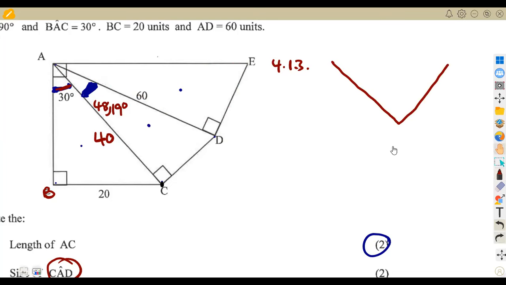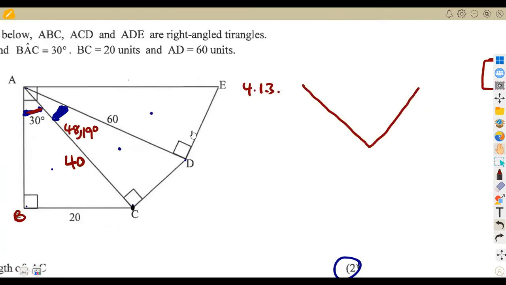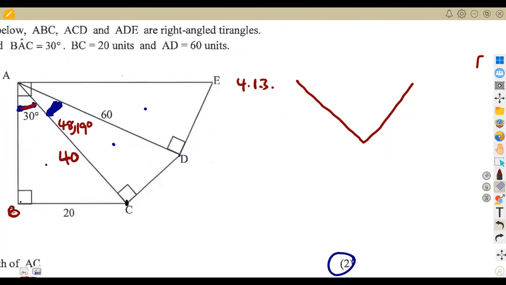Remember, we want to calculate the side DE. So if we join here, it's going to be something like this to the point E. Just a rough sketch, guys. Sorry for this sketch, but I just hope you understand what I'm trying to say.